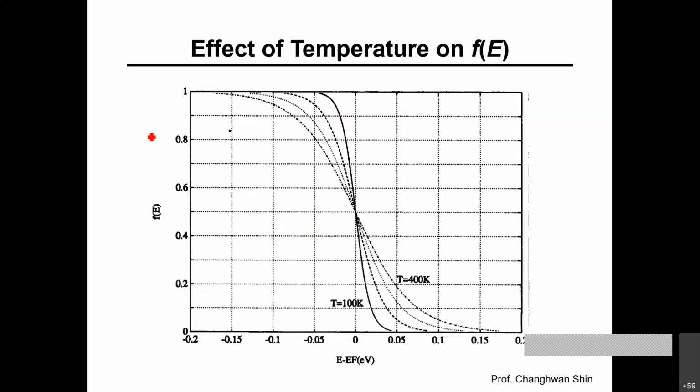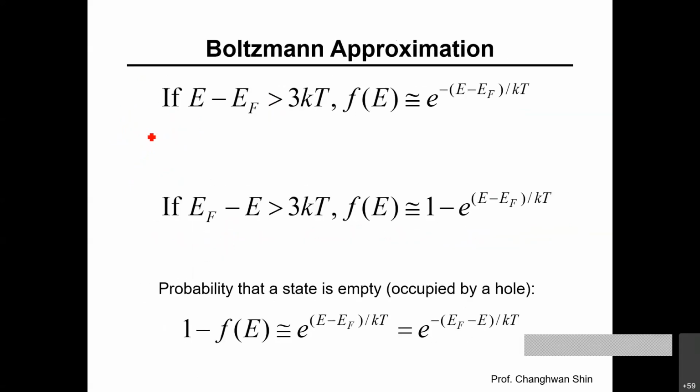So in that sense, the Boltzmann approximation is very strong, because if the energy level satisfies this if condition, then the Fermi function can be simply written as exponential to the something, okay?